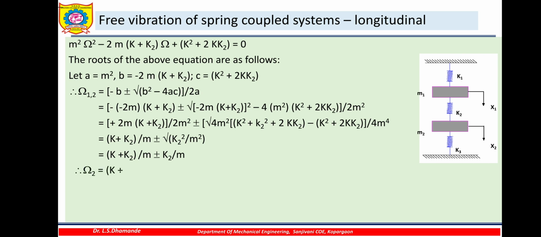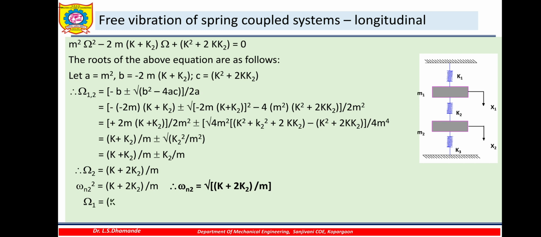So now I can get the different values of sigma. If I add k plus k2 by m plus k2 by m, it will be k plus 2k2 by m, and therefore omega n2 square is this value. So omega n2 is the root of (k plus 2k2) by m.